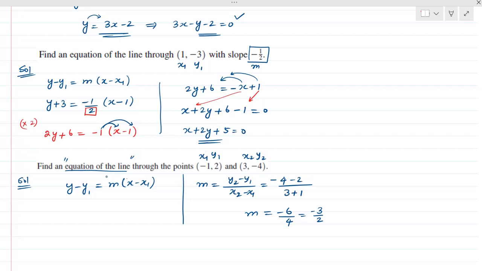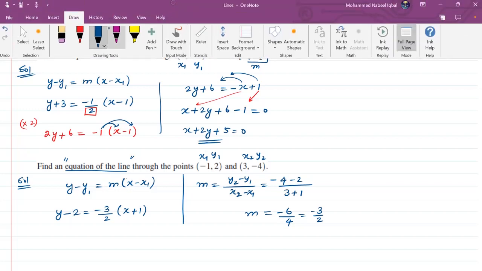Now let us start with the problem. What is given here? This is y minus y1. First you will calculate the values. y minus y1. The y1 value is what? Minus 2. This is m, minus 3 over 2, x minus of minus, plus. Now I want to remove the fraction.